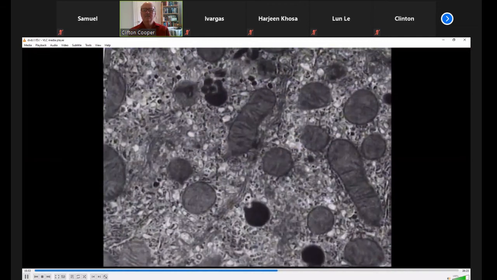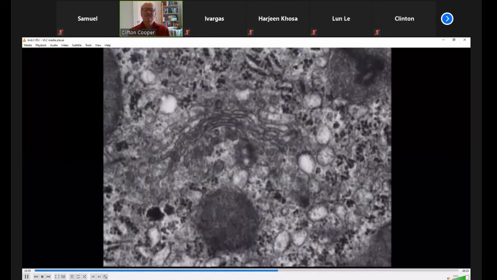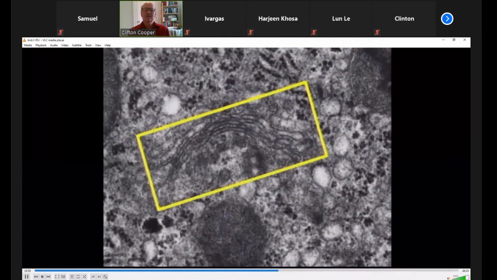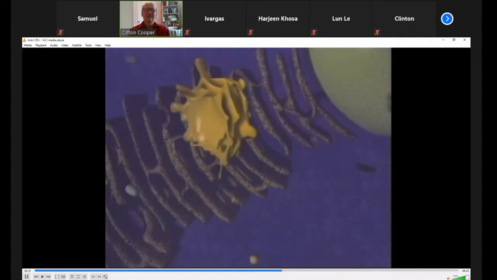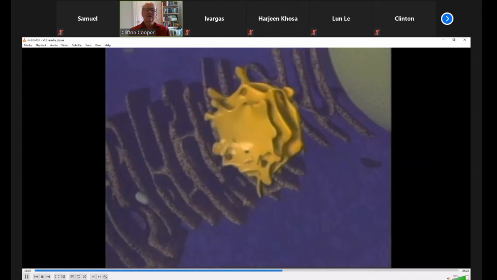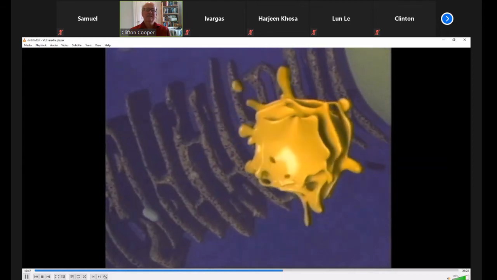Every eukaryotic cell has a uniquely shaped organelle called the Golgi apparatus, named after Camillo Golgi, the scientist who first described this important cell part. Here you see the structure of the Golgi apparatus, which appears as flattened sacs stacked on top of each other. The Golgi apparatus sorts, processes, packages, and delivers proteins and lipids throughout the cell.